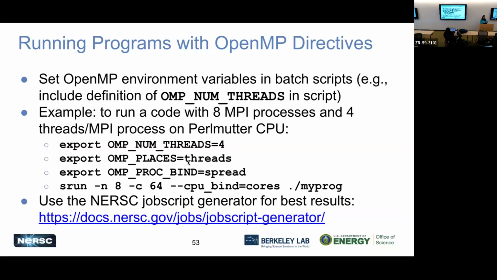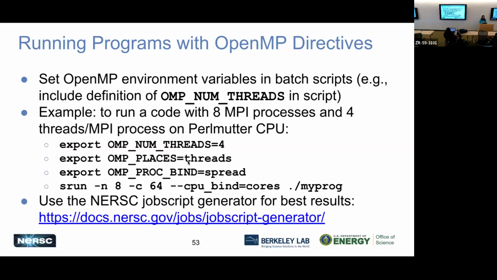Setting it to threads means each little thread can be an independent OpenMP thread that has its local memory and its ways of managing its local work. OMP_PROC_BIND means I want my threads to be a little bit apart, not stepping on each other, and then the number of threads. With these variable settings, it's probably hard.